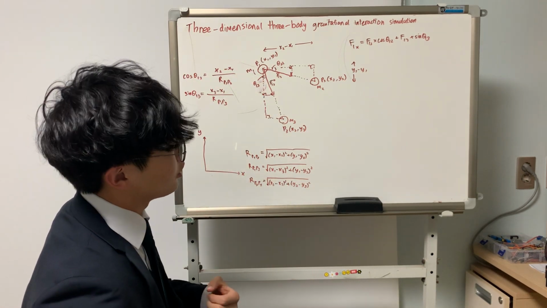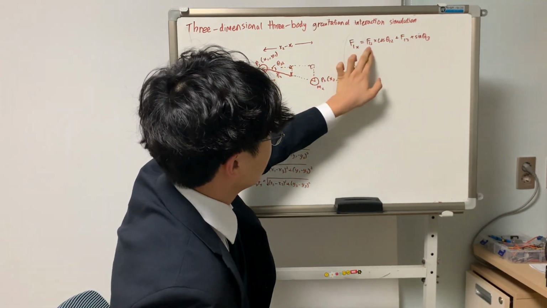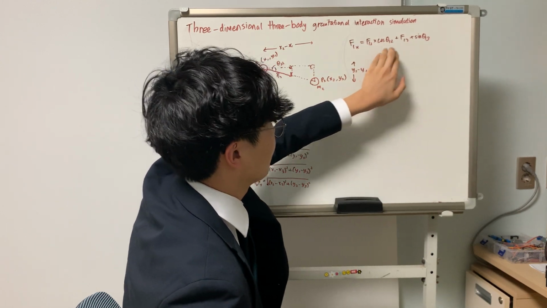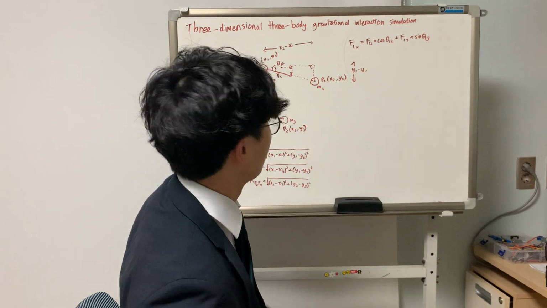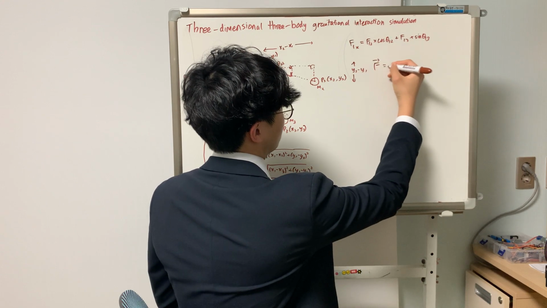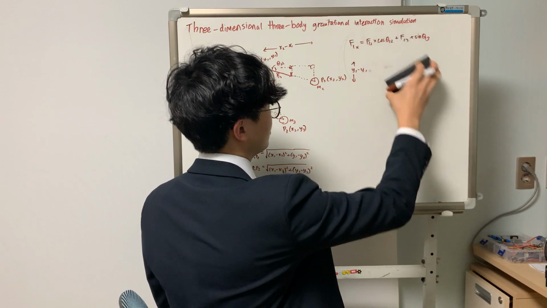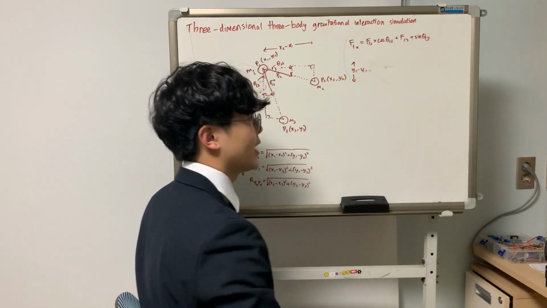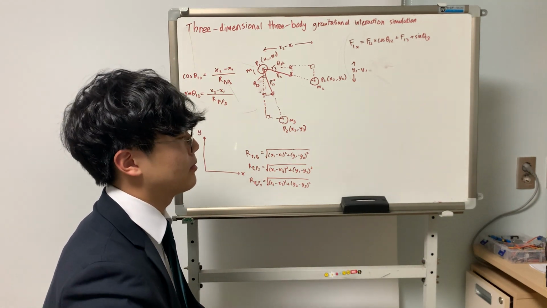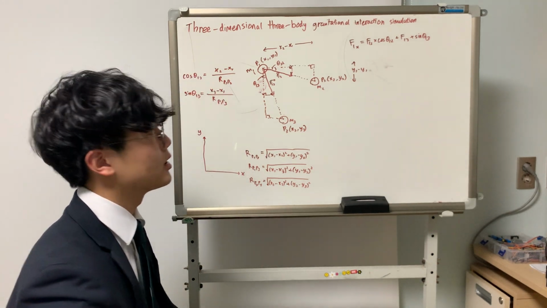All right, so far so good, but we still don't know what the values for our forces are that we're going to have to put in these two values. We have an expression for cosine and sine, but we don't have an expression for F12 and F13. But we know that by Newton's law of gravitation, the force is equal to the universal gravitational constant G times the mass of the first object times the mass of the second object over r squared.